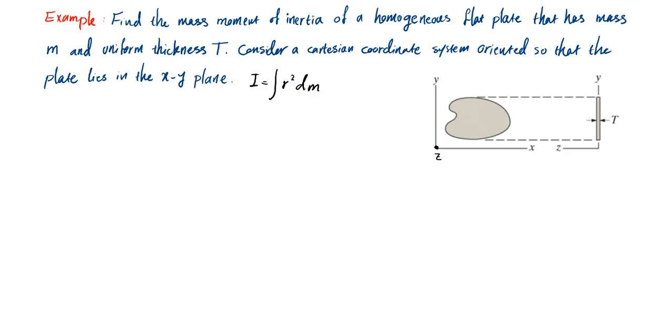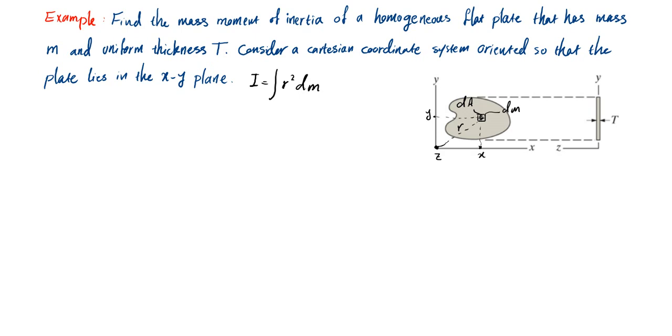Let's take a small element, this element there. Let's say the mass of the element is dm, the area of this element is dA, and it's at some distance r. Here is, let's say, x, and here is y.